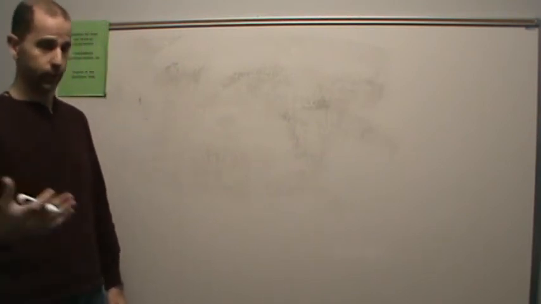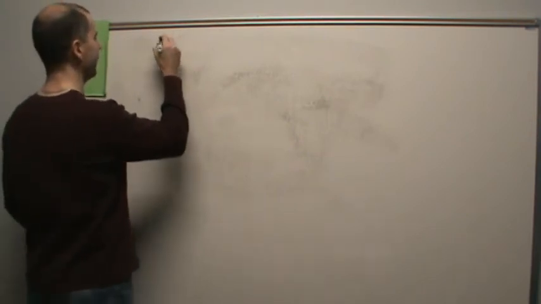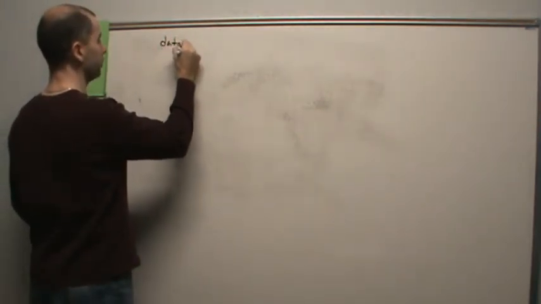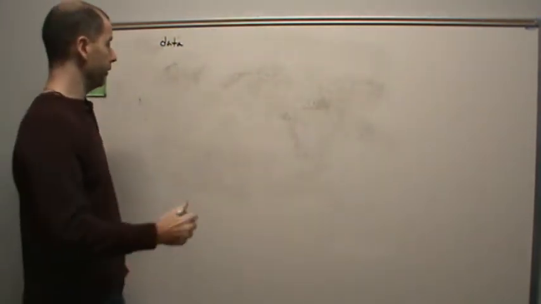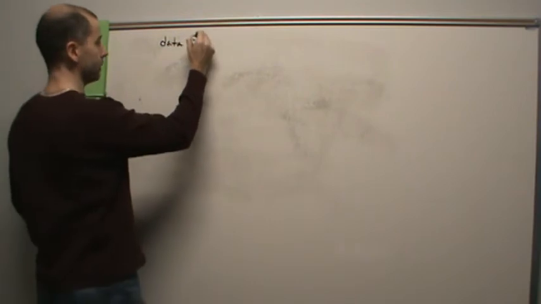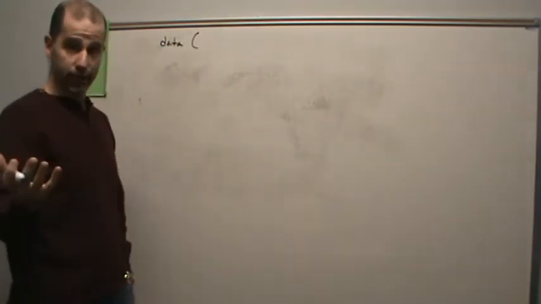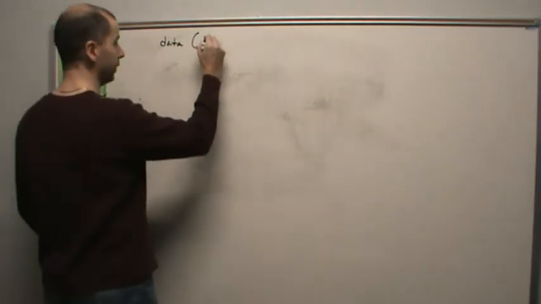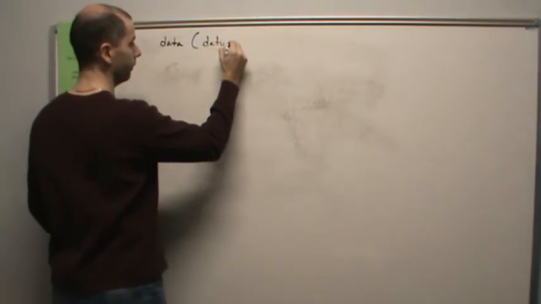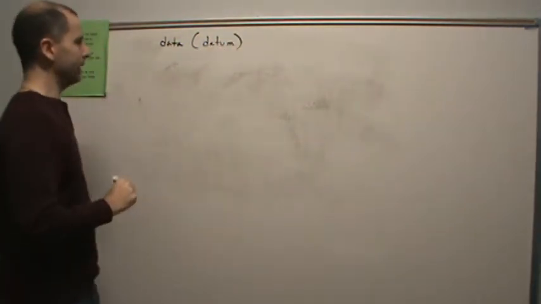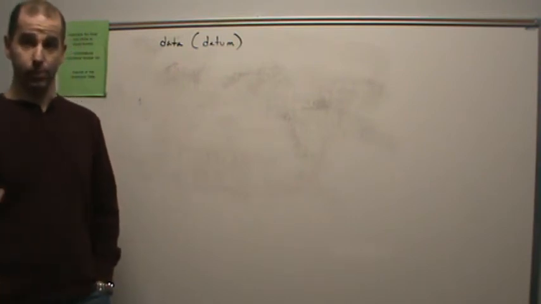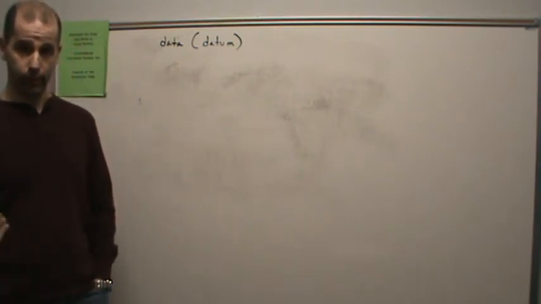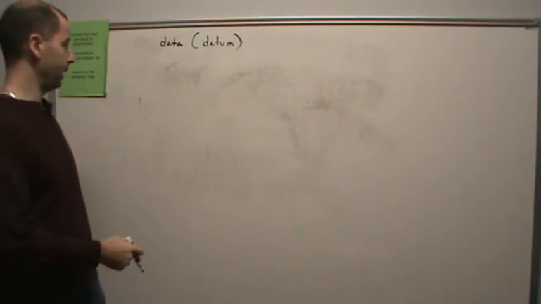Data is the plural form, a group of datum. A single observation or a single value is a datum. So data is the actual values that are measured on the variable. Okay, so that's the data.